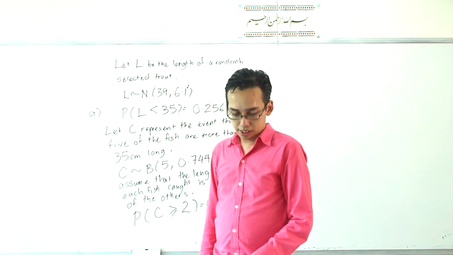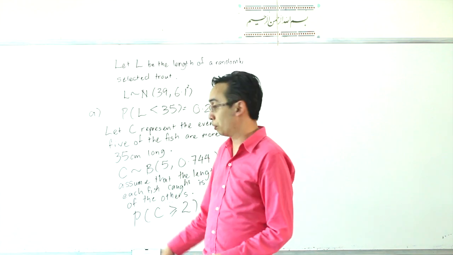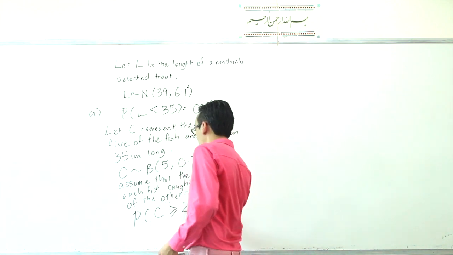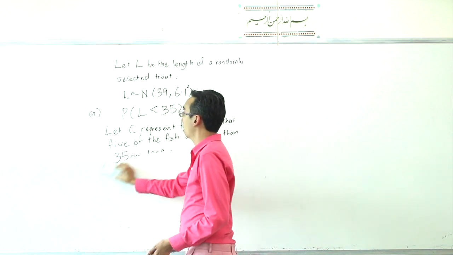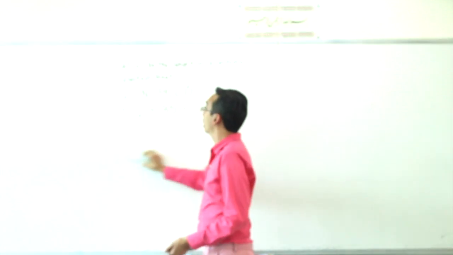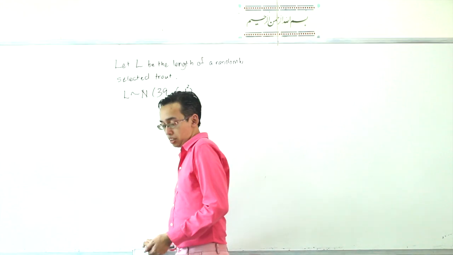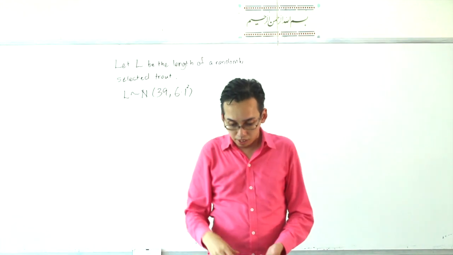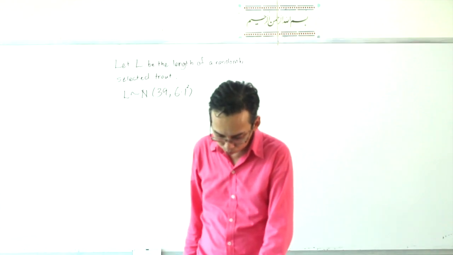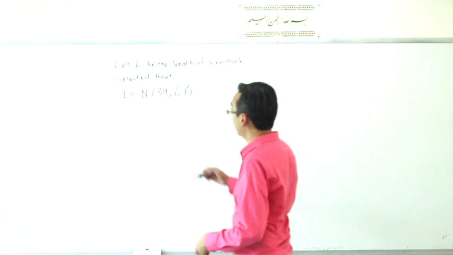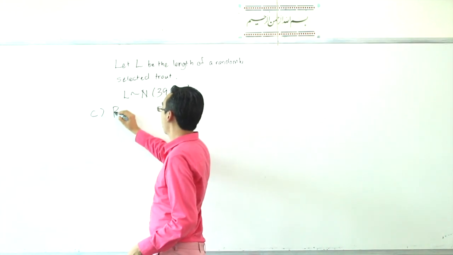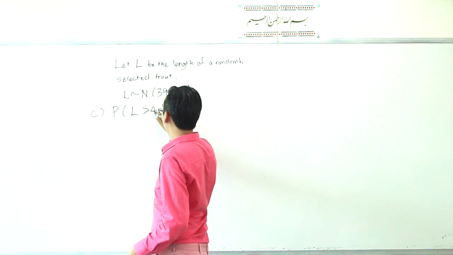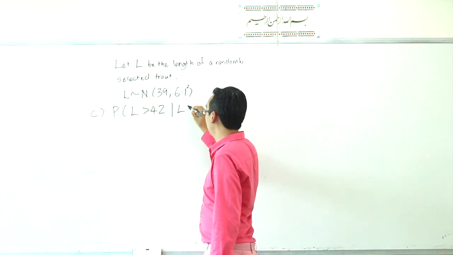We are going to do part C, but I'll erase the boxes. For part C, we're supposed to find the probability that a trout caught is longer than 42 cm given that it is longer than 40 cm. So we are supposed to calculate this conditional probability, that L is more than 42 given that L is more than 40.